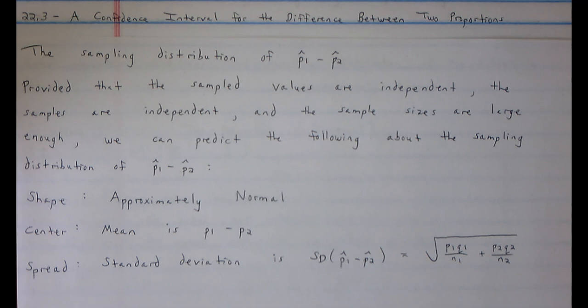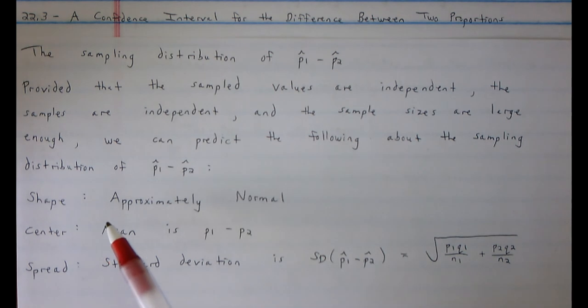Provided we've met the assumptions and conditions we just talked about in section 22.2, that is, provided the sampled values are independent, the samples are independent, and the sample sizes are large enough, we can predict the following about the sampling distribution of p1 hat minus p2 hat.